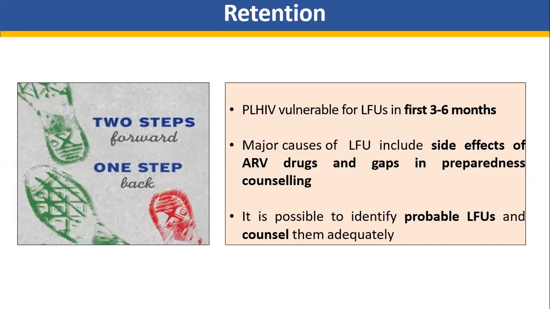Those unaddressed gaps or inadequate preparedness for ART could lead to loss to follow up, and it is possible to identify probable loss to follow up and counsel them adequately. And by these differentiated models we can apply our resources, and we can concentrate more on such potential clients who are likely to be lost to follow up in such categories.